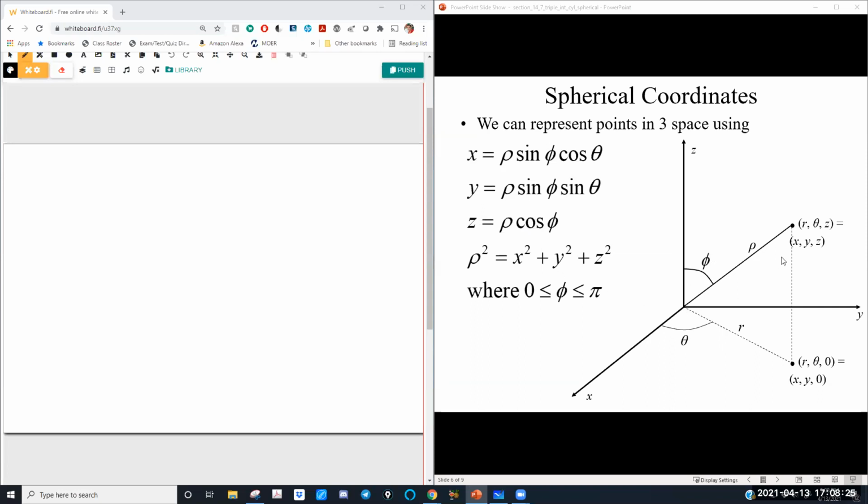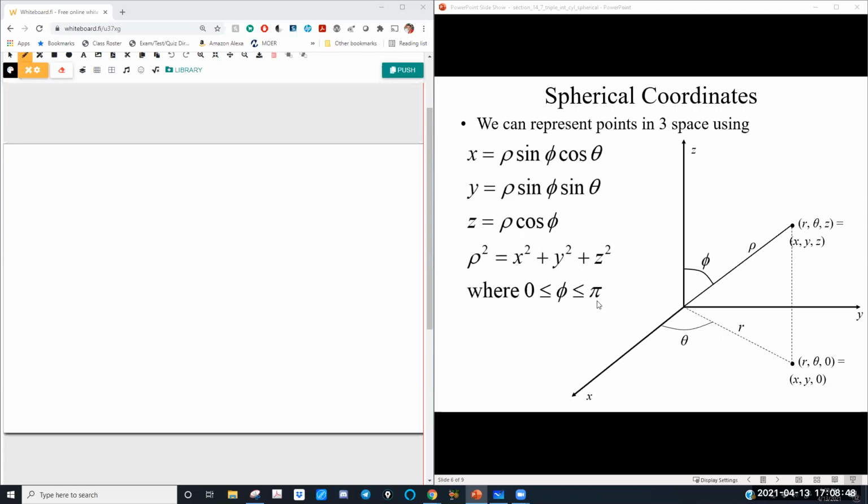Rho is the distance from the origin to the edge of our surface. So it's actually like having a sphere, hence the transformation rho squared equals x squared plus y squared plus z squared, which is the formula for a sphere centered at the origin with a radius of rho.